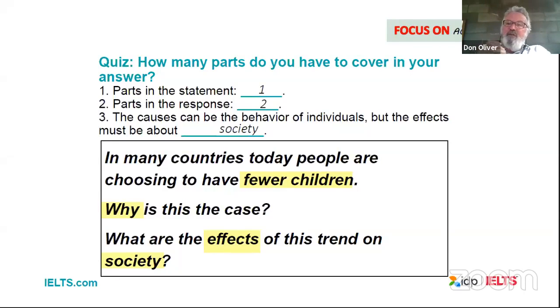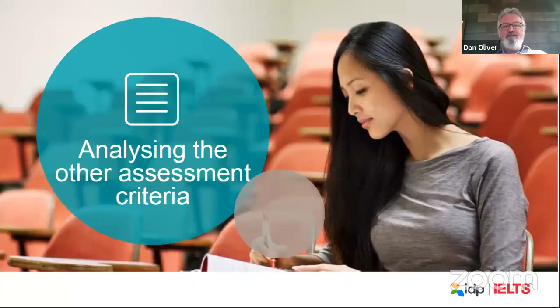But you have to talk about the effect on, not individuals, on society. So will society be affected? That's an important thing. Again, we have analyzed the question and now we can give an answer that is complete. So you must do this for task response.